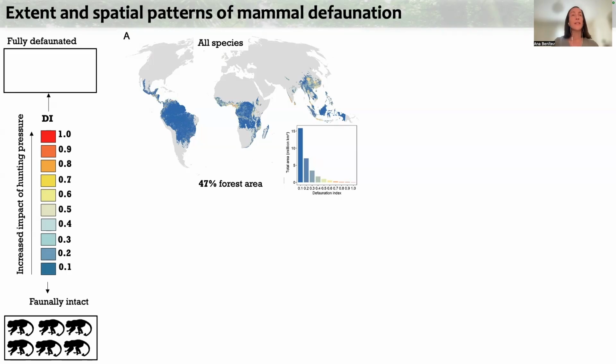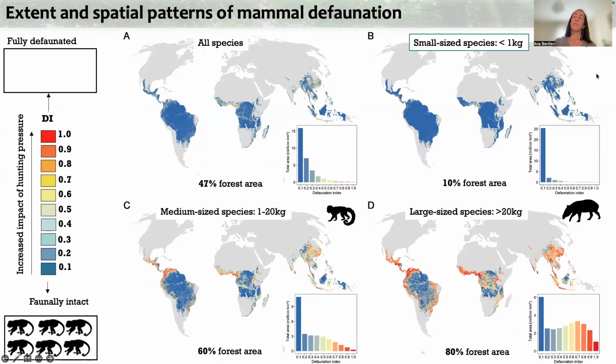But the picture changes a lot when we split these results by body size. Because what's happening is that most of the mammal species are of this size. They are small-sized species which are not targeted by hunters, or they sometimes become overabundant in hunted areas when they're released from competition and predation. So when you average out everything, of course, these guys are bringing your index up.